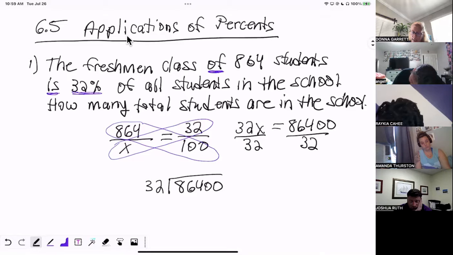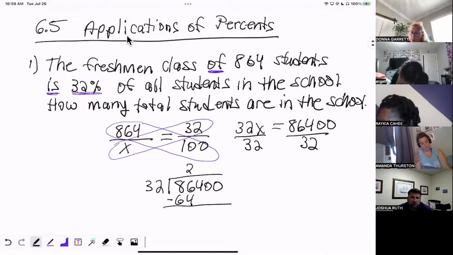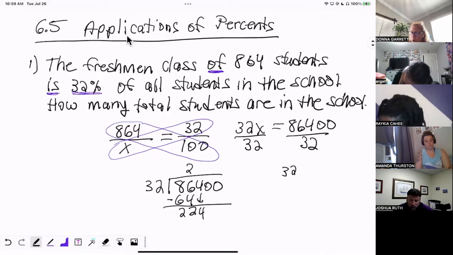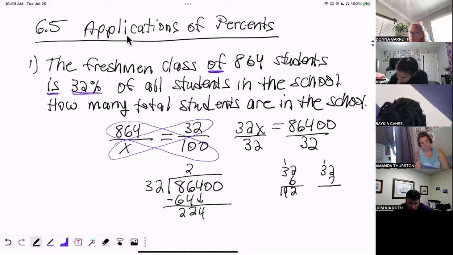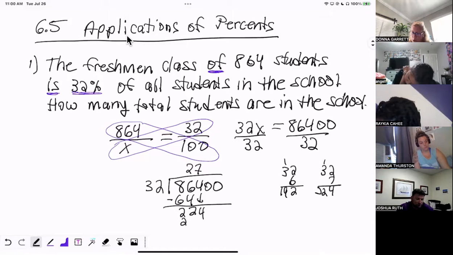I can get 2 32s, which is 64. 2 left, bring down the 4. How many 32s in 224? 32 times 6 is 192. That's close. Can we do 7? 14. Oh, perfect. 224, 7. That's 0 left, but we have 2 spots left, so we have 0, 0.